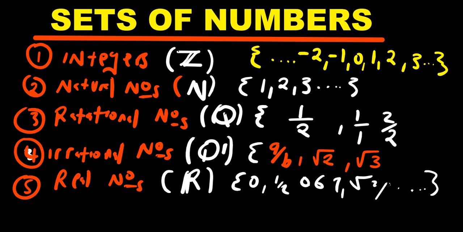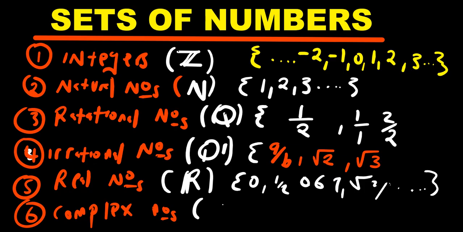Then the last type of numbers that you need to understand is what we call complex numbers. The symbol for the complex numbers is just a capital letter C like that. Complex numbers are a set of numbers which have a real part and an imaginary part.